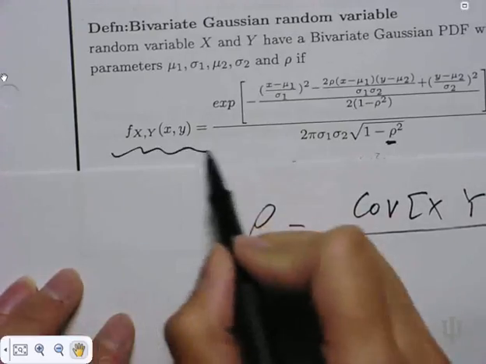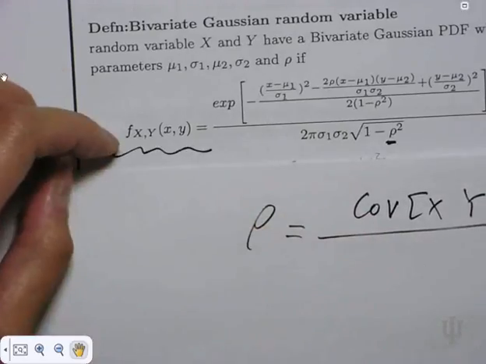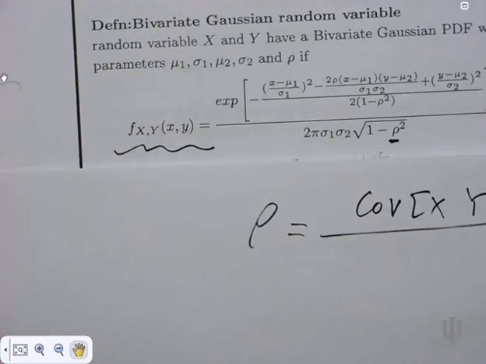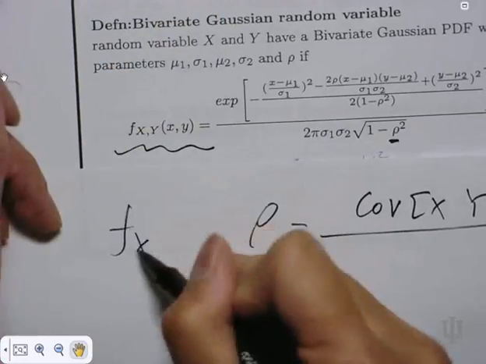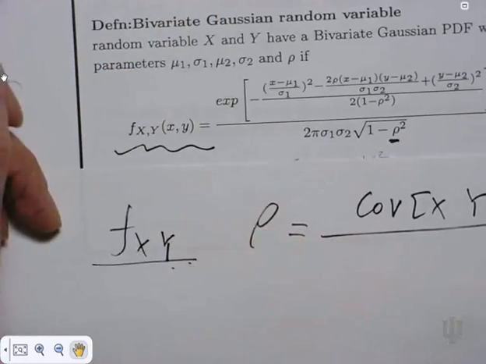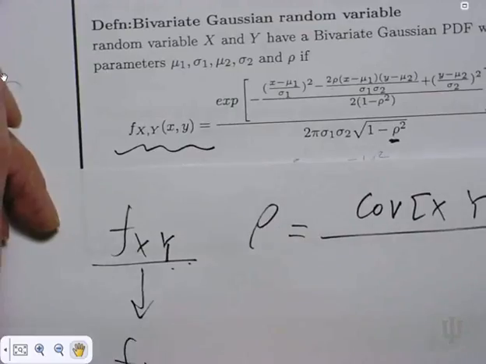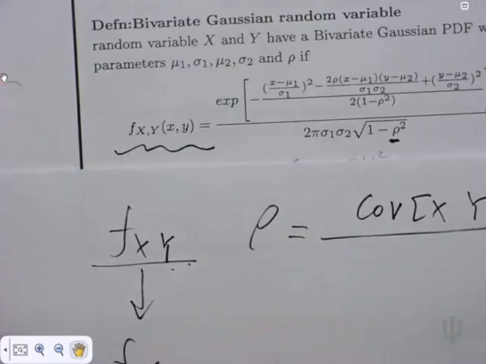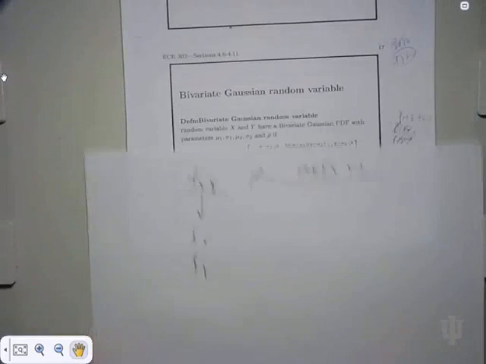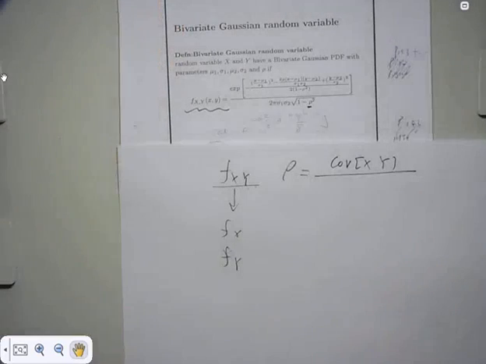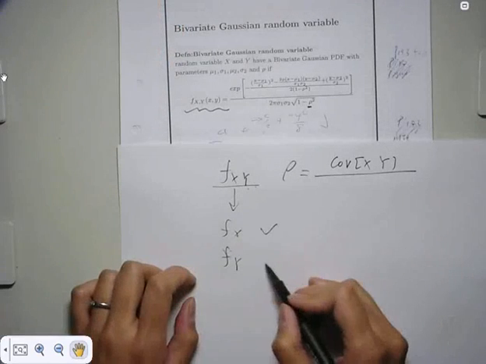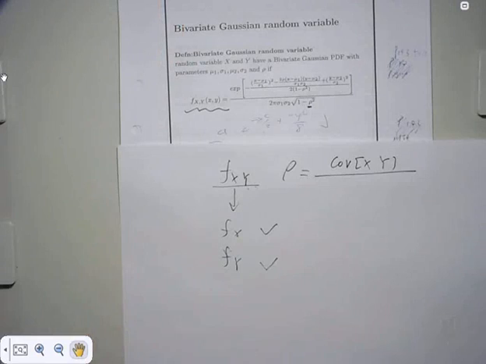It means if you have a joint Gaussian random variable, and if you calculate the marginal, many times from a joint to find the marginal, this will be a Gaussian, this will be a Gaussian.